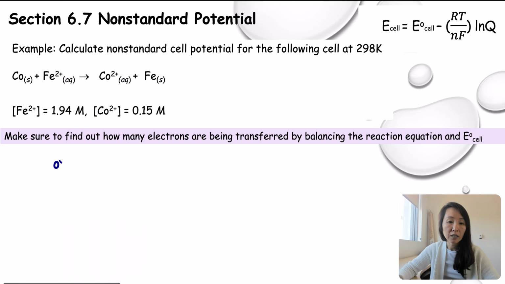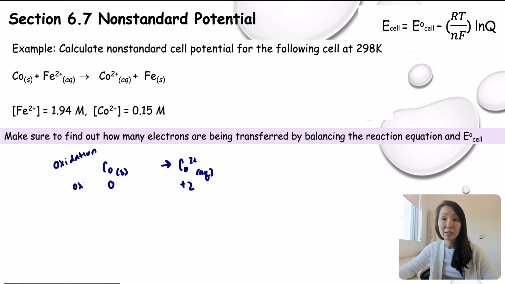For the oxidation side, we have cobalt solid forming cobalt 2 plus. The oxidation number for cobalt solid is 0, and for cobalt 2 plus is +2. So 2 electrons have been taken out in order to go from 0 to +2.